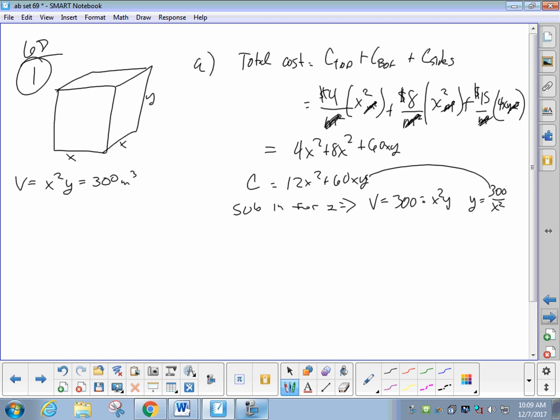If I substitute that in, then cost is 12x squared plus 60x times 300 over x squared, or in its simplest possible form, 12x squared plus 18,000 x to the negative 1. Cool? That to me is the hardest part.